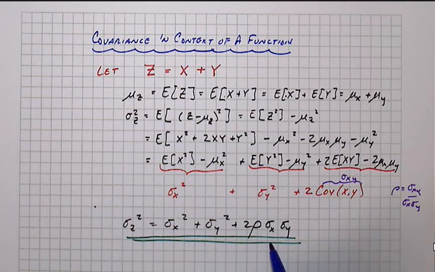If X and Y are unusually large together at the same time, it's going to increase the spread that we have in the Z. On the other hand, if we have a negative correlation, that X is real far away from the mean on the large side, at the same time that Y is real far away from the mean on the negative side, well then these will counterbalance each other, and that will tend to reduce the spread in Z. Those are crucial applications of the notion of the correlation coefficient, and you can see them right here.